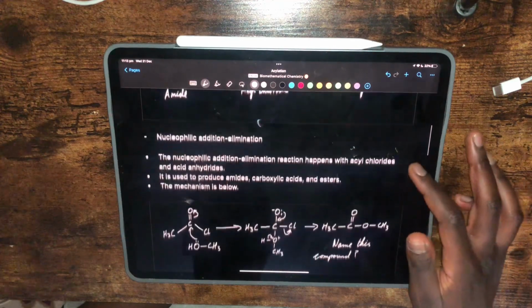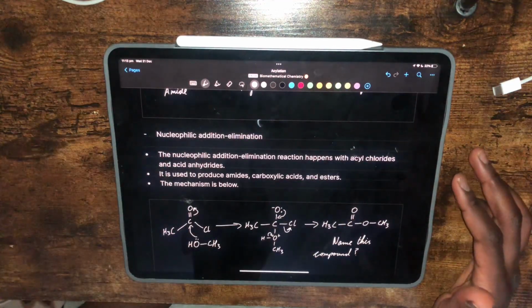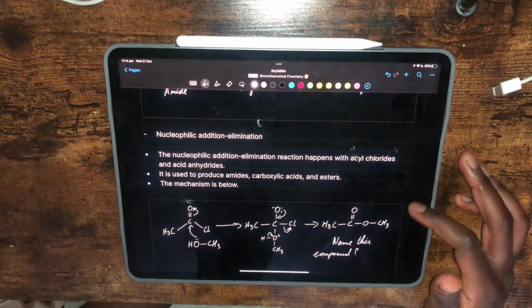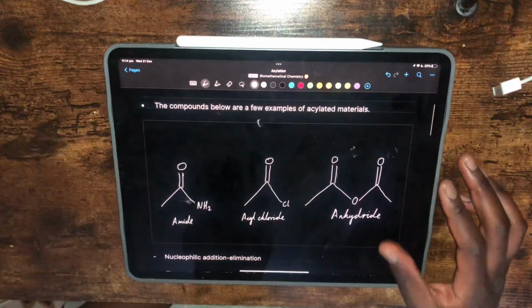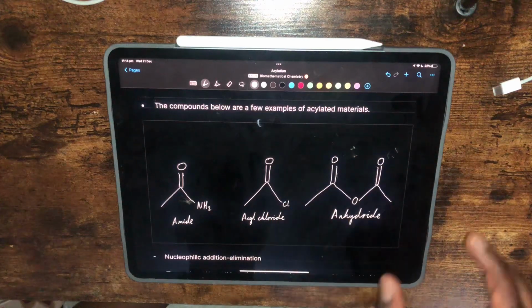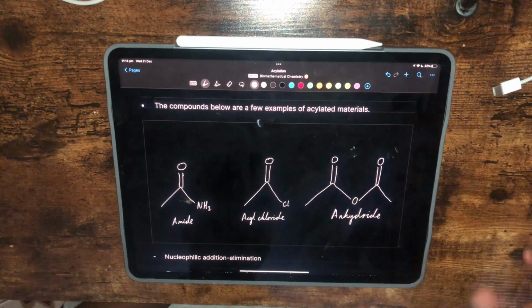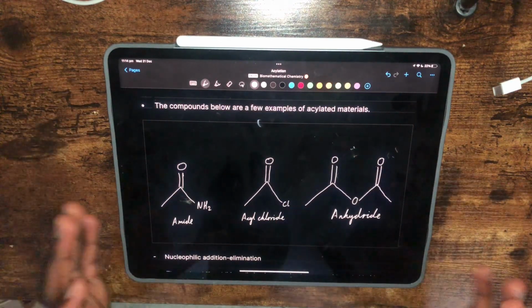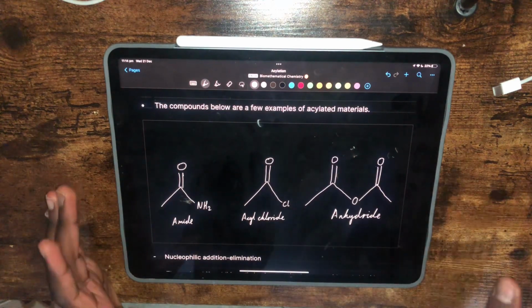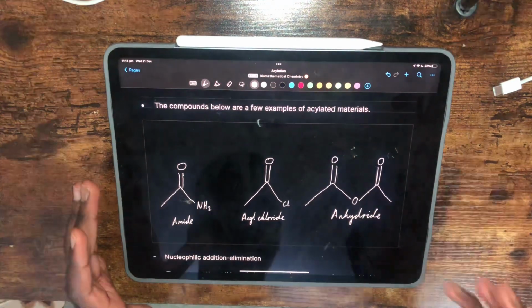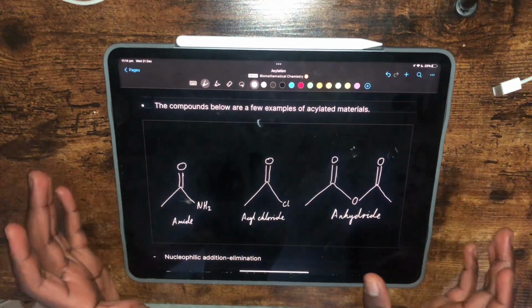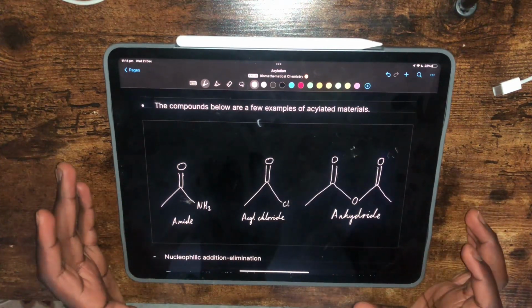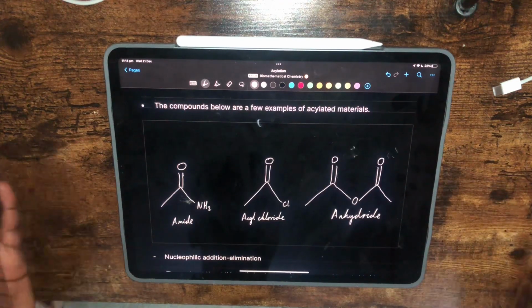I didn't want to just brush through that and not explain it here. These are just compounds that can be involved in acylation reactions. So anhydrides, acyl chlorides, amides, they can all be used to form esters for esterification.